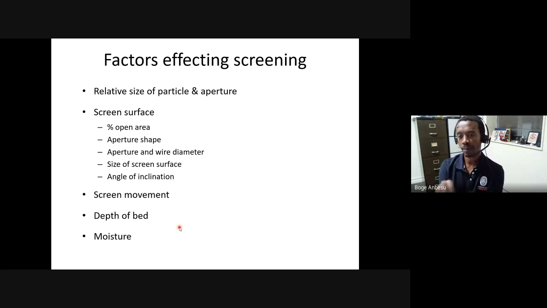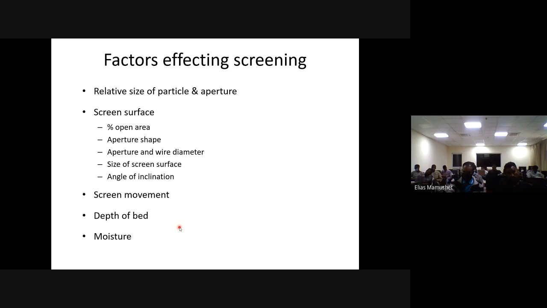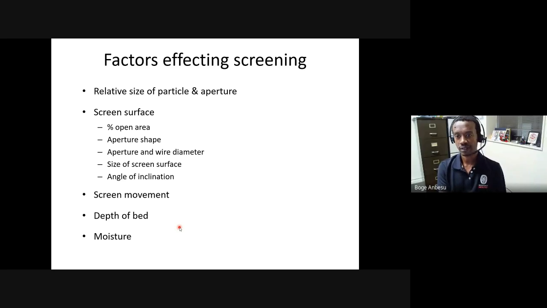The shape of the aperture will be determined by the shape of the particles I'm screening. If I'm looking at mainly elongated particles in my feed, I should probably go with a rectangular screen aperture. Some minerals are naturally round, so the shape is already predetermined, and then you can think of round openings on the screen surface.